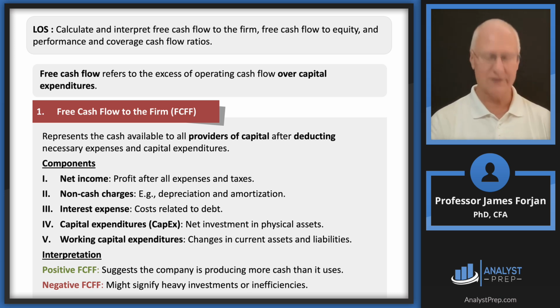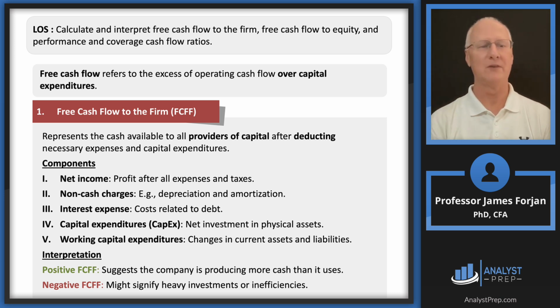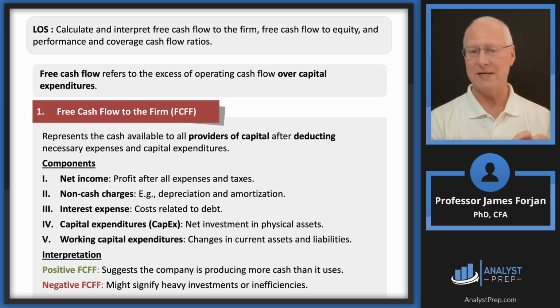You know what I ought to do? I ought to type in depletion in there just so you guys don't forget it. So one of you will thank me when there's a depletion example question on one of your level 3 exams. Interest cost, capital expenditures, and then working capital expenditures. So think about this. I'm going to augment my definition from just a minute ago.